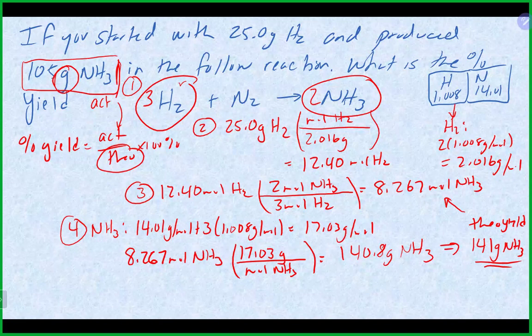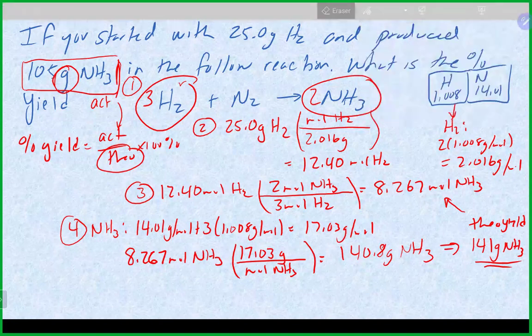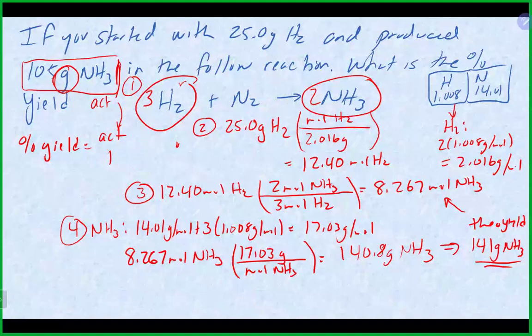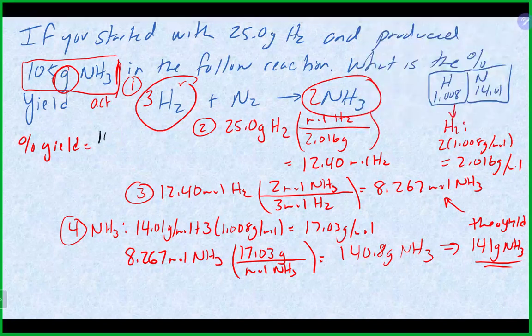All right, so to finish up the problem here, we're looking for our percent yield. So once again here, I'll just steal this and put it right here. We're going to take our actual yield, which was given to us, which was 105 grams.